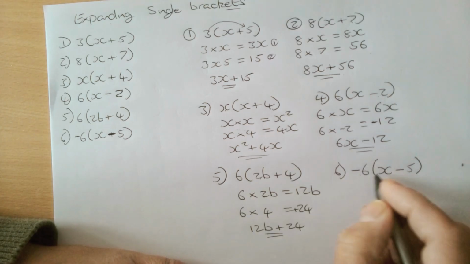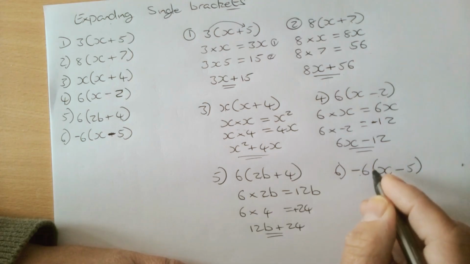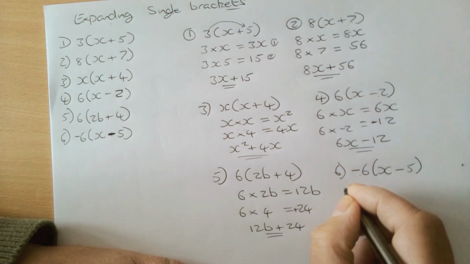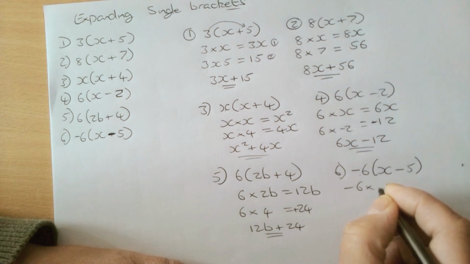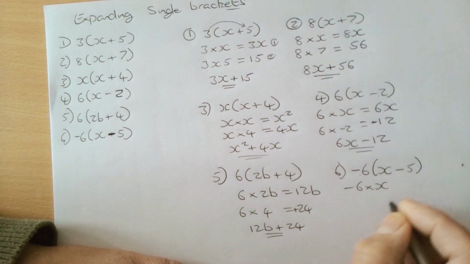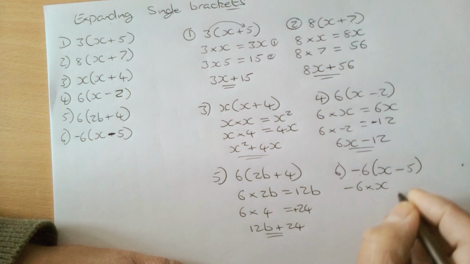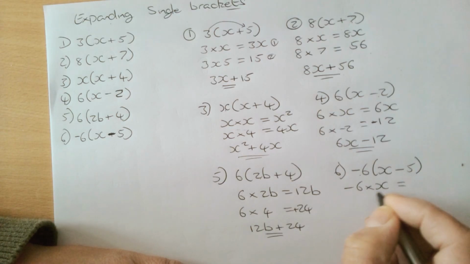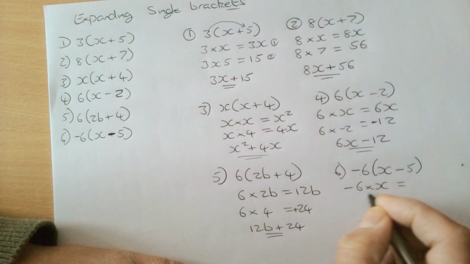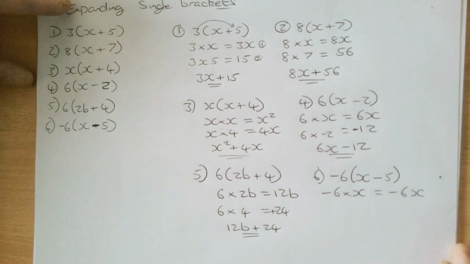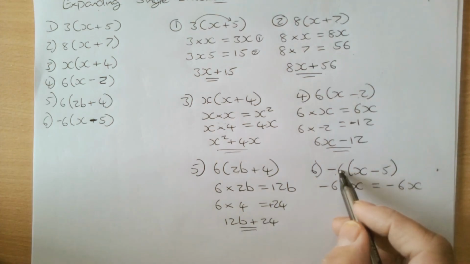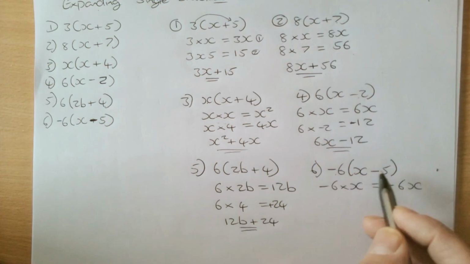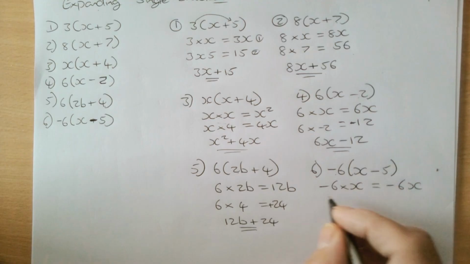Minus 6 times x. Well, 6 times x is 6x, so it's literally just minus 6x. Don't forget to put the minus sign in. This bit's really important. The next step is minus 6 times minus 5.